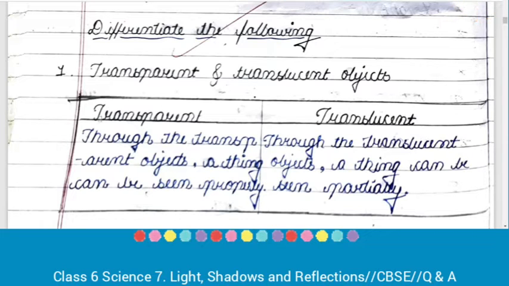First difference is transparent and translucent objects. What are transparent objects? Through transparent objects, a thing can be seen properly. What are translucent objects? Through translucent objects, a thing can be seen partially.